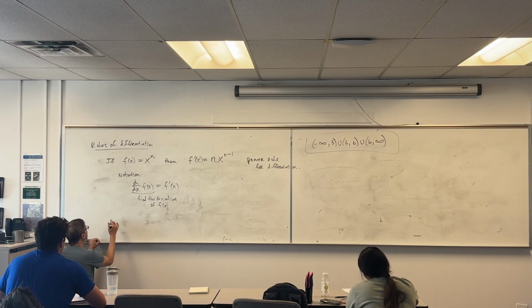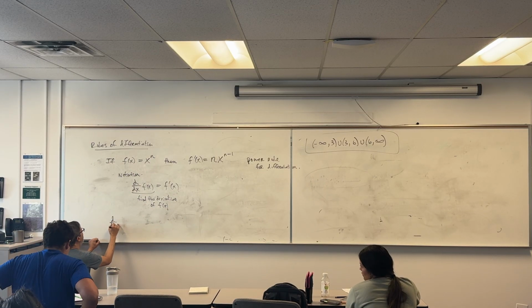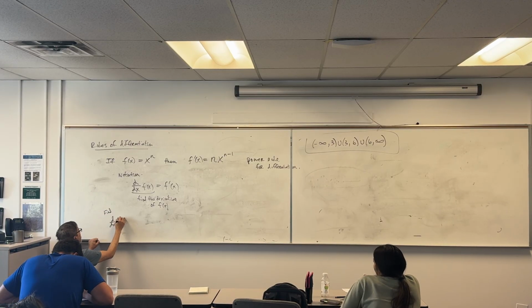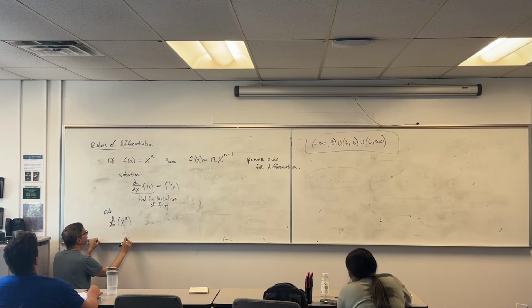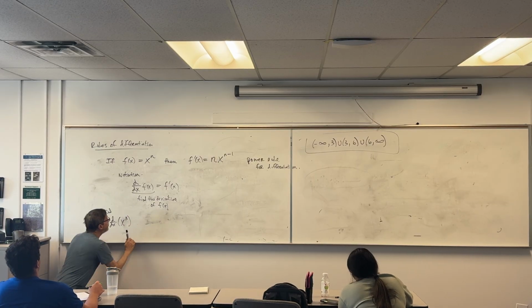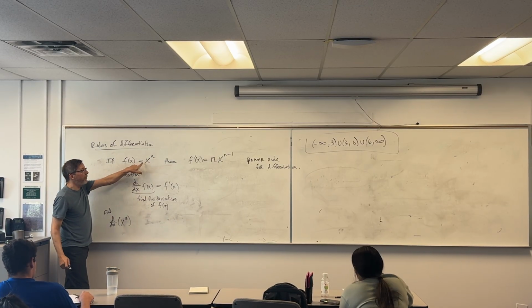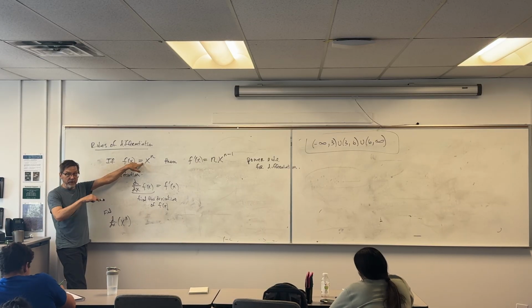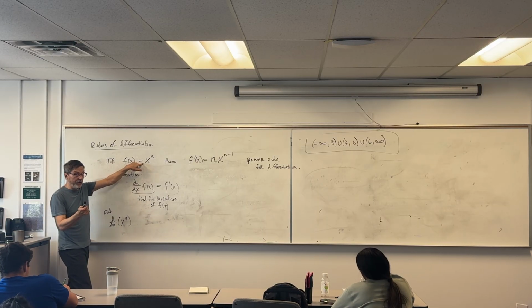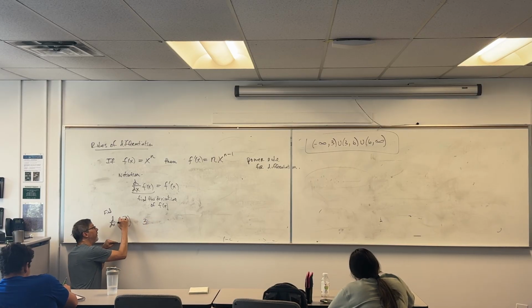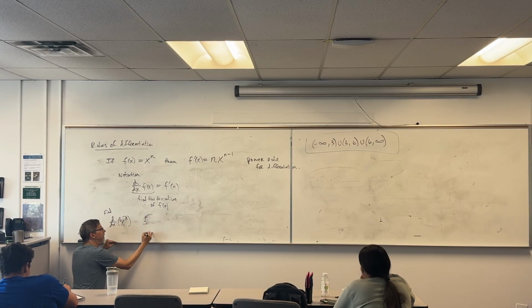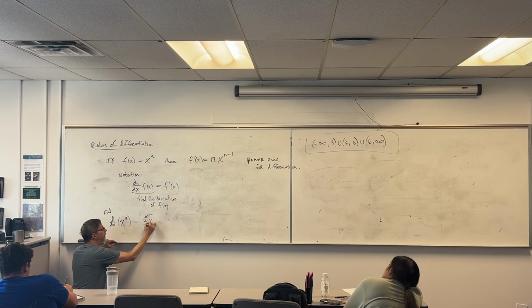So for example, find the derivative of x to the third power. Now look at the rhythm. Bring the exponent out front, decrease the exponent. You've got to do it in that rule. So I'm going to bring the 3 out in front, and then I'm going to make the new exponent 2.